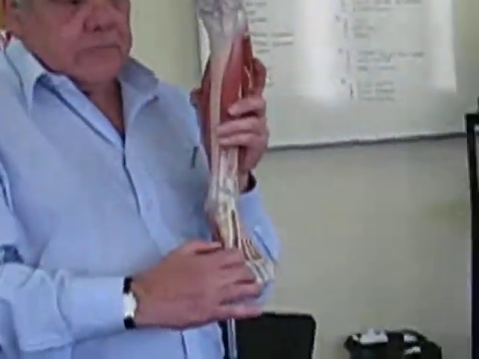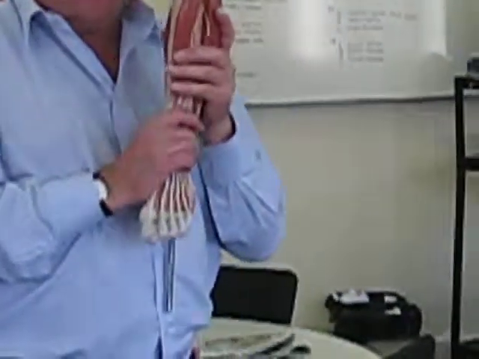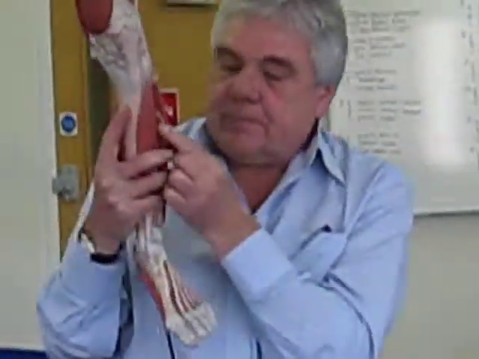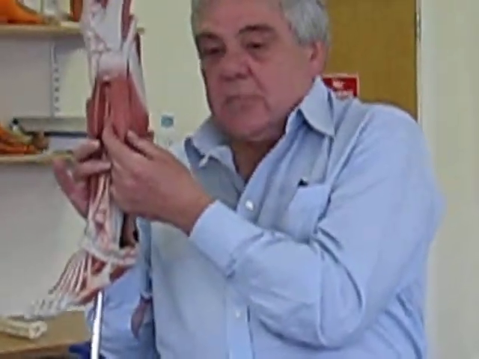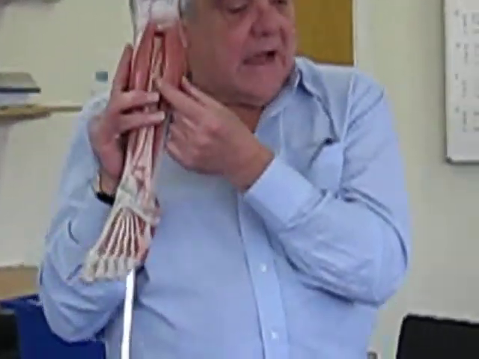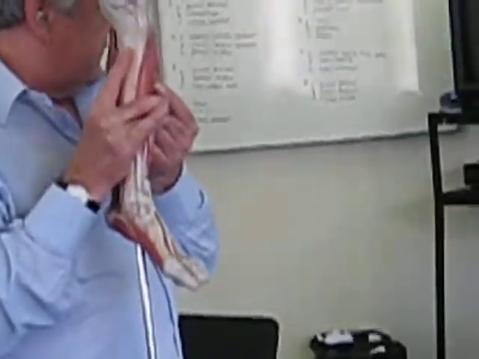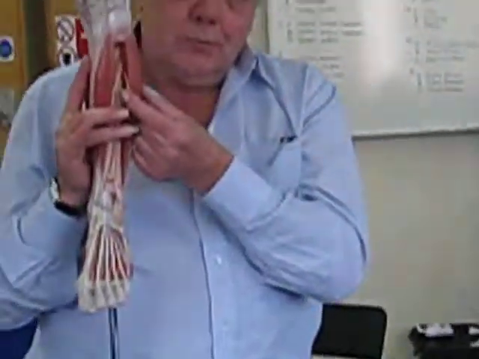By way of recap, we can say that the superficial peroneal nerve is essentially a cutaneous nerve, and it supplies the two peroneal muscles as it burrows its way to the surface. Can you burrow your way to the surface? I don't know. We talk about burrowing down, don't we? Digging its way out.